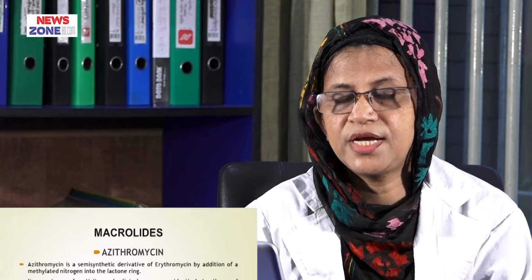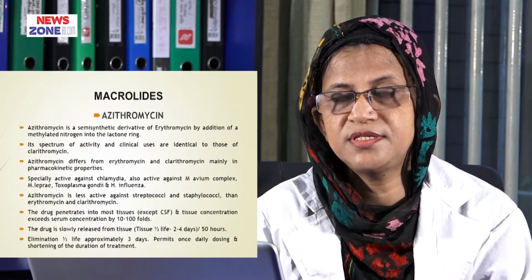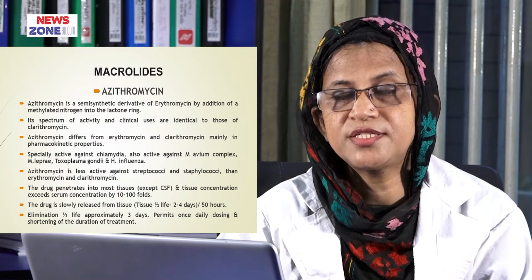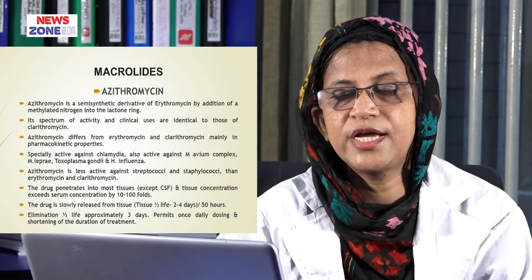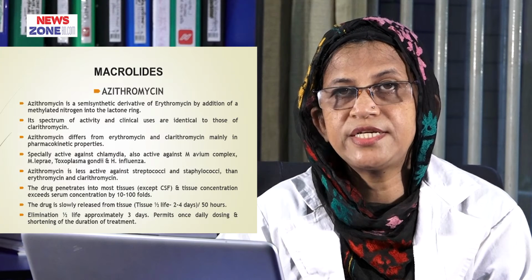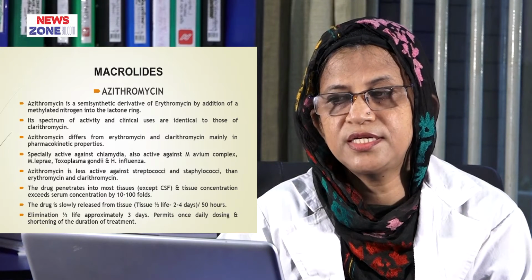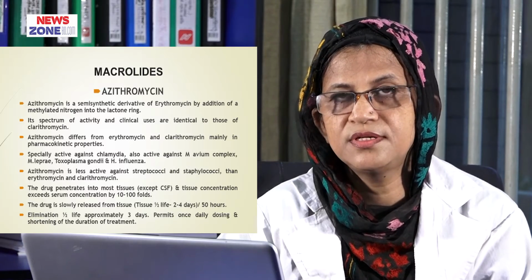Now, azithromycin. Azithromycin is a semisynthetic derivative of erythromycin by addition of methylated nitrogen to the lactone ring. Its spectrum of activity and clinical uses are identical to those of clarithromycin.